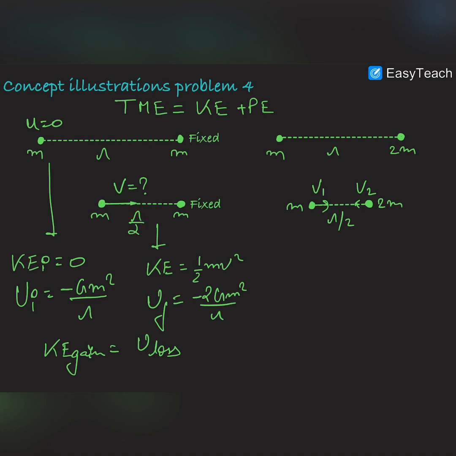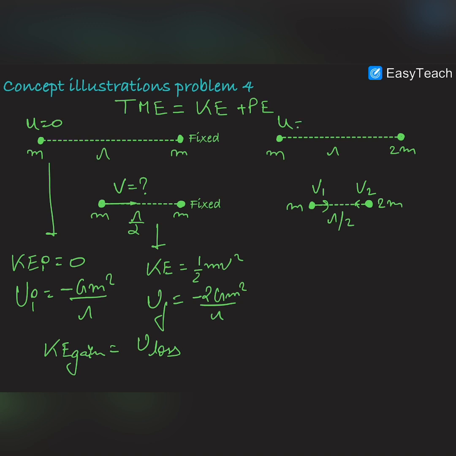Now in the second case, if this mass is not fixed and is free to move, and the mass of this one is 2m and the mass of the other is m, then we can easily understand that both of these masses would move, because they are pulling each other. There is no external force, so we can also balance the momentum.